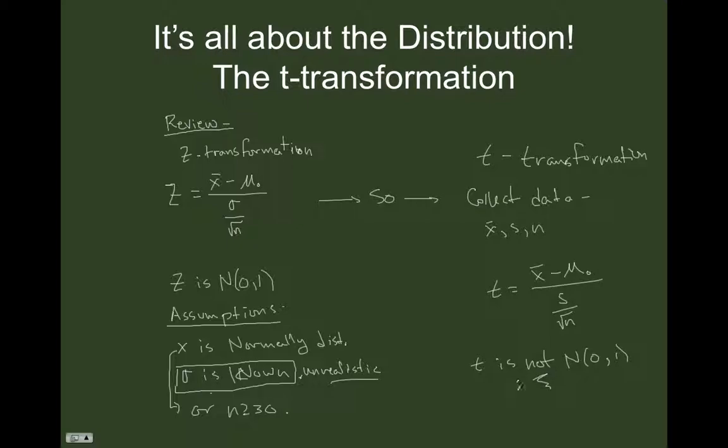So what we need here is the appropriate distribution for T. And until the very beginning of the 20th century, we didn't really know that.